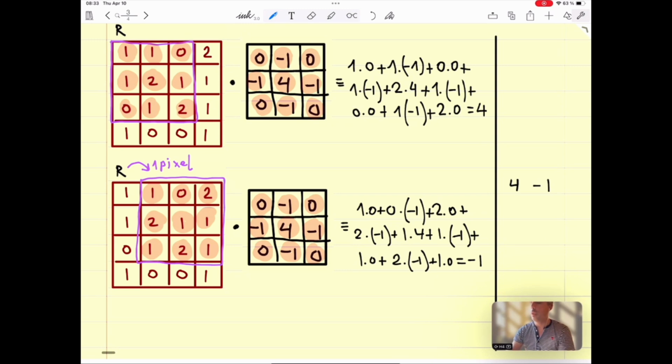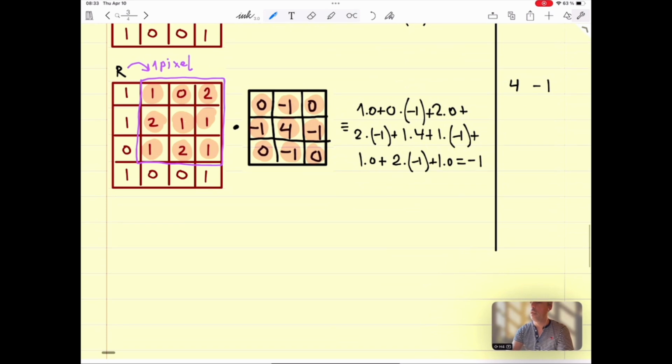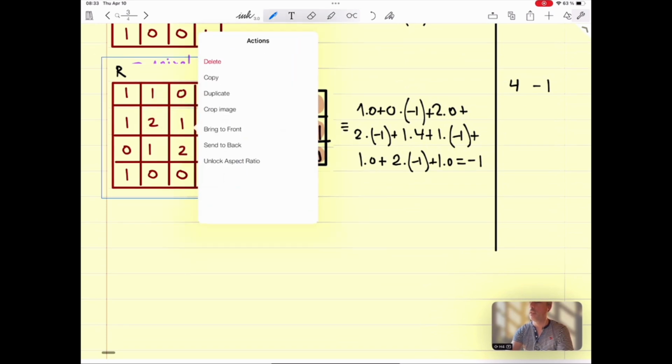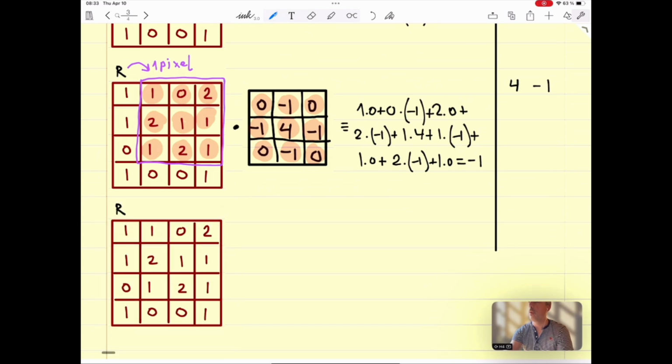So for the next one, your intuition might tell you already. Now we move our convolutional window, that's what you call it.